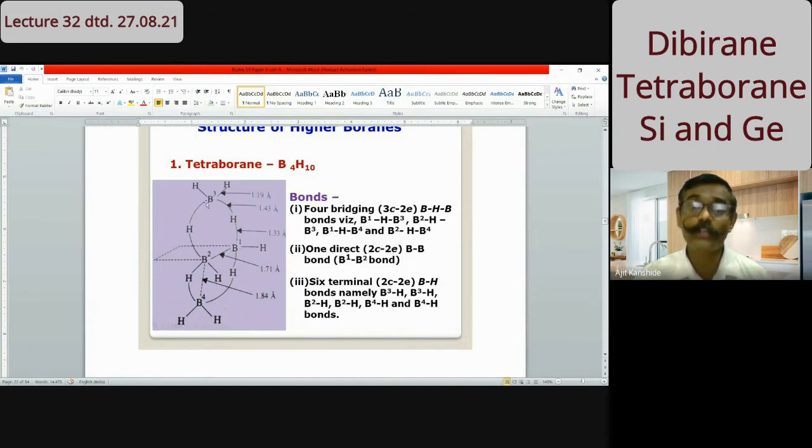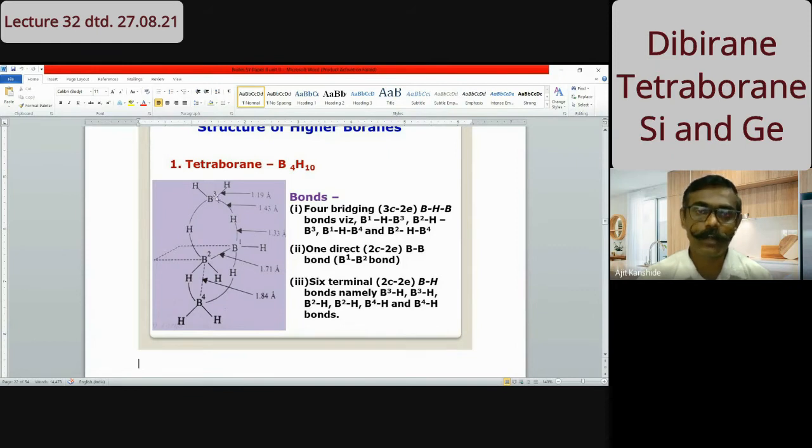Boron 1 and boron 3 through hydrogen is a 3-centered 2-electron bonding. Boron 1 and terminal hydrogen is a 2-centered 2-electron bonding. Why should we discuss this 2-centered 2-electron, 3-centered 2-electron likewise? In order to calculate the total number of electrons involved in the bonding. You can work on that and you will find how many electrons are involved in all these bondings.